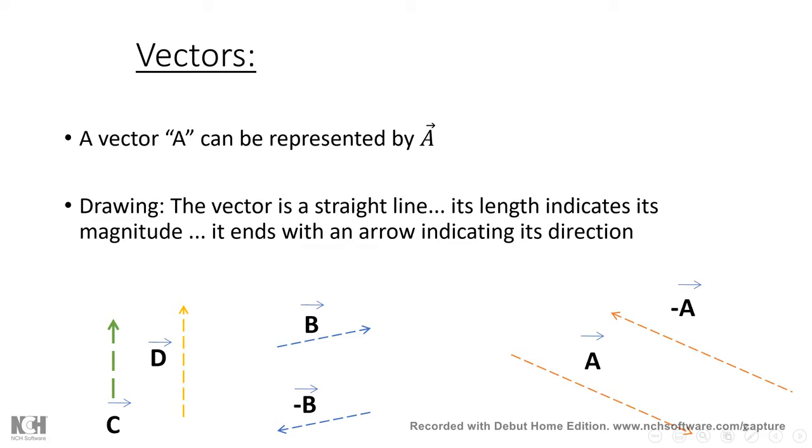Look at the vector A. Its magnitude is more than the vector B. Also, the direction of the vector A is different than the direction of vector B. The negative of the vector is just the opposite of the vector, reflecting its direction.